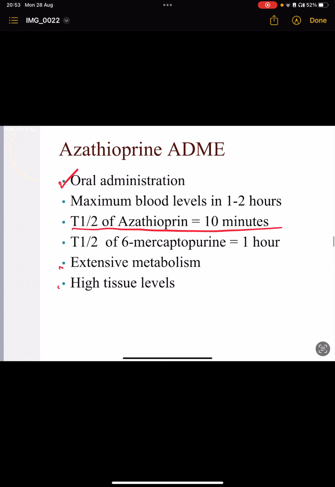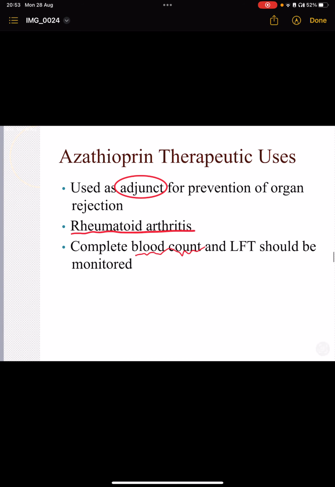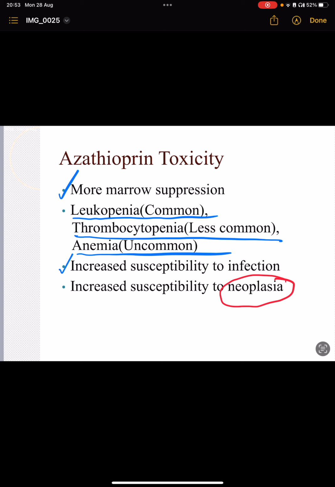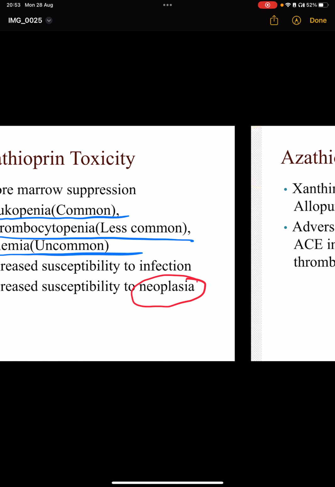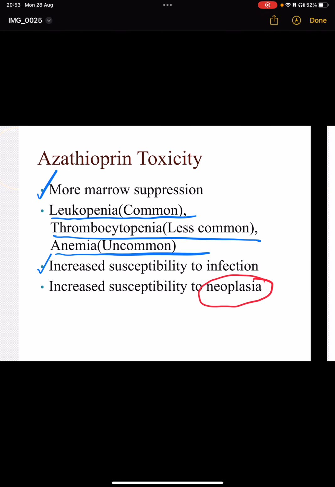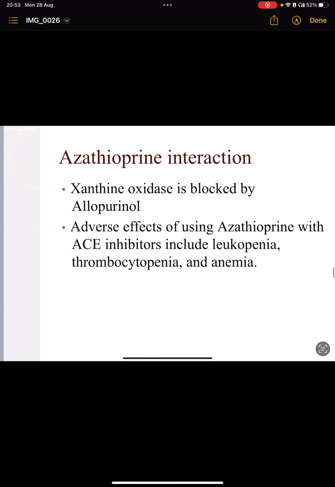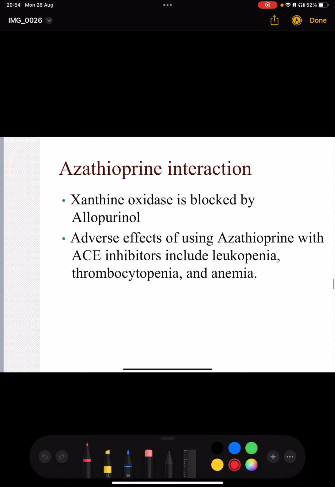So for the few cells that do proliferate, they are more likely to have neoplasia than otherwise. So those are the toxicities for azathioprine, and here are its interactions.